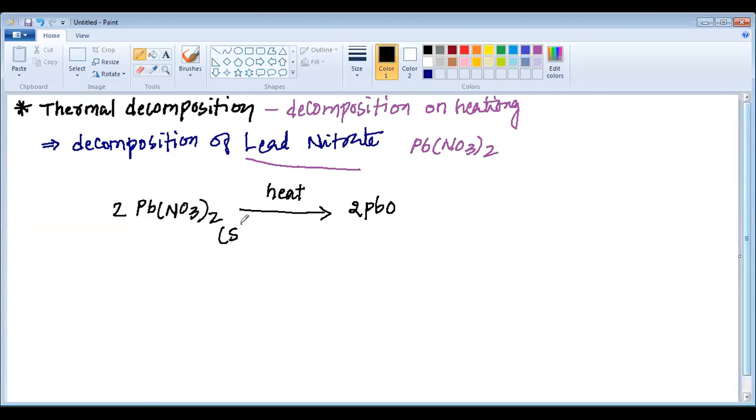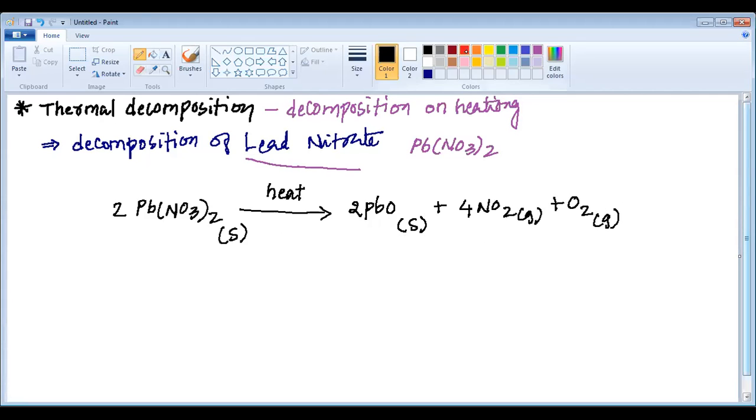We have taken it as a solid, you have seen in the activity. This 2 PbO solid plus 4 NO2 gas plus O2 gas. So this is how the reaction takes place.